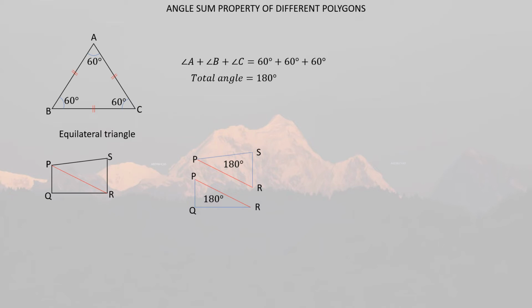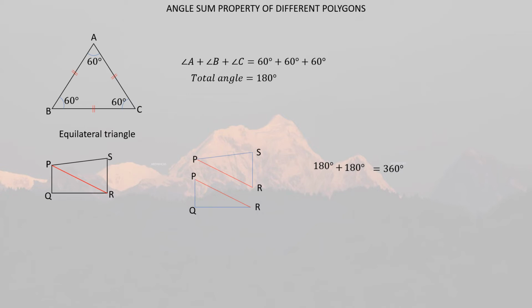So when we join the angles of these two triangles, that is 180 degrees plus 180 degrees, we get 360 degrees, which is nothing but the interior angle sum of this polygon PQRS, that is a quadrilateral.